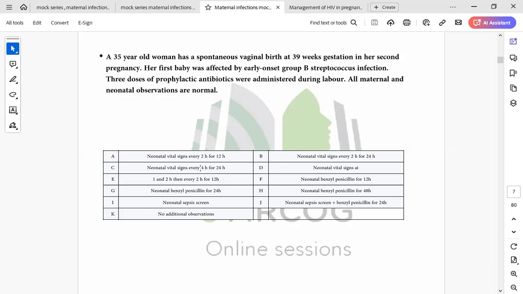If we choose A, neonatal vital signs every 2 hours, I'm not saying it's incorrect, but it's also not correct. It's mentioned like this: 0, 1, 2, then every 2 hours for 12 hours. So now he's going to be examined just after labor, then after 1 hour, then after another 1 hour, then every 2 hours for 12 hours.